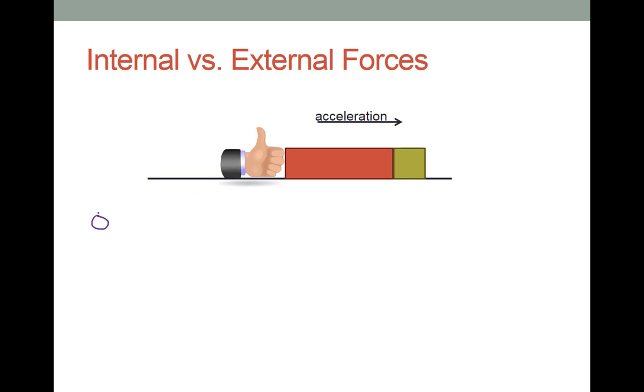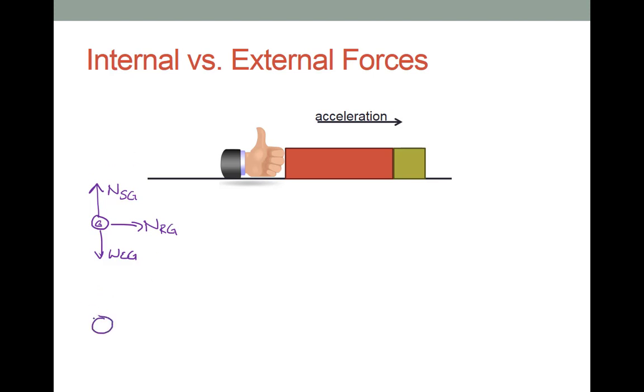So if we look at the green block's free body diagram, we have a normal from whatever that surface is on the green block. We have the green block's weight, and then we have a normal from the red block on the green block. Okay. All of these forces are caused by things that are external to the green block.